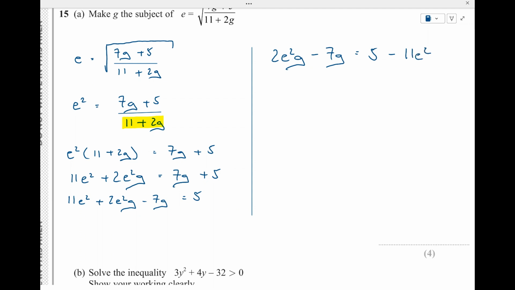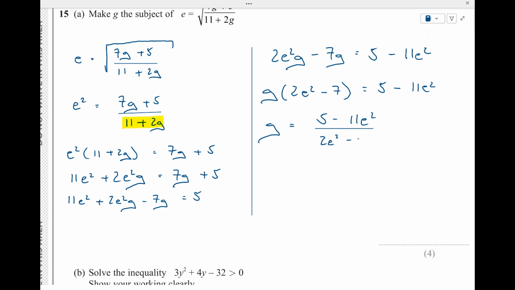Now I've got a problem here. I want to make g the subject, but g appears twice here. So I have to make those two g's become 1. And I do that by factorising. Gives me g times 2e squared minus 7. And look at that. Those two g's have become 1. And now I can divide both sides by that bracket to give me g equals.